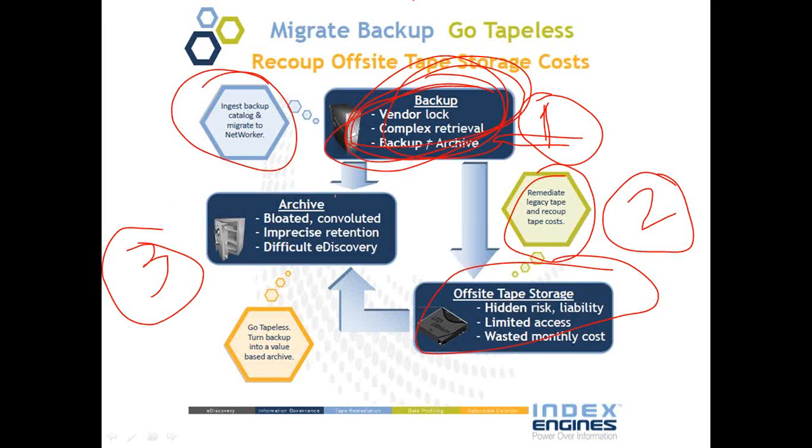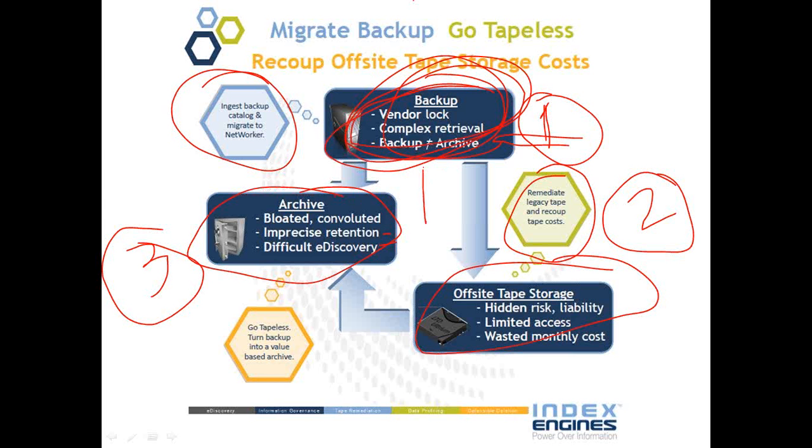What we see is the ability to change the focus of archives, from really bloated repositories of data that may or may not be useful, with imprecise retention periods and difficulty supporting e-discovery, compliance and regulatory requirements, to leveraging the backup process.